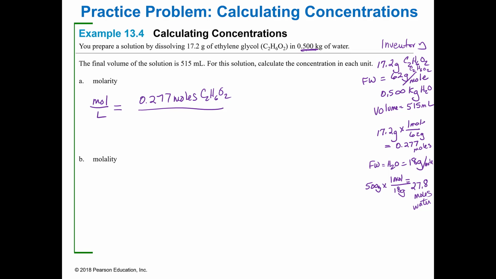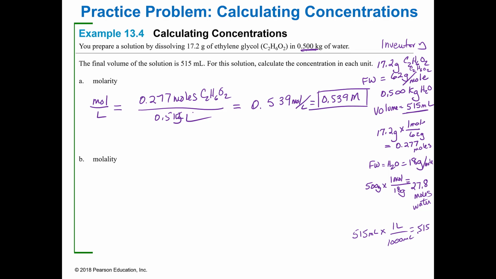I've got 515 milliliters. 515 milliliters times 1 liter over 1,000 milliliters equals 0.515 liters. That gives me what I need to calculate this, and so my molarity is 0.539 moles per liter, or 0.539 molar, because the big M is just an abbreviation for moles per liter.